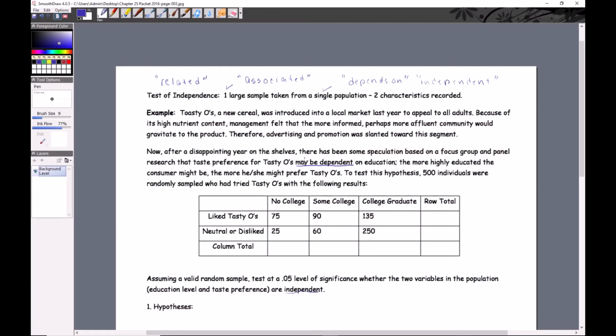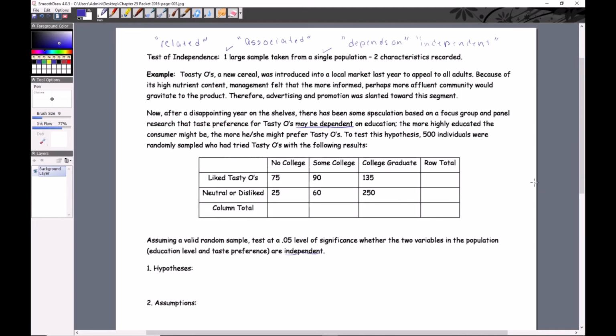Also, it says they may be dependent on education. The more highly educated the consumer might be, the more he or she might prefer Tastios. So to test this hypothesis, we need to change this. It's actually 635, so 635 individuals were randomly sampled. That's 1 sample, right? 1 large sample.